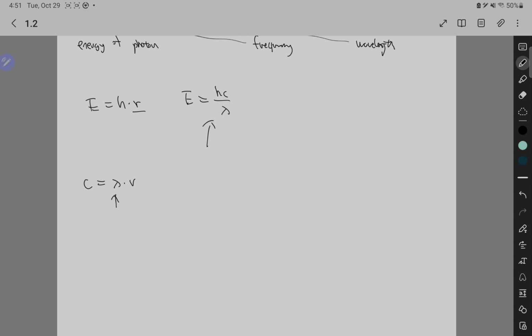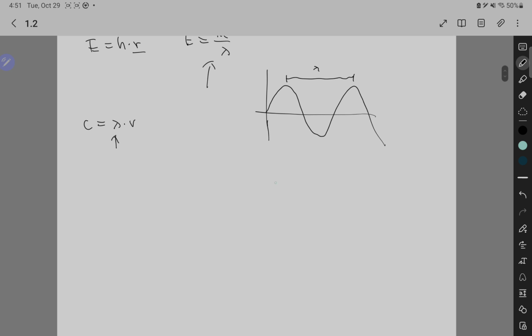So what does that look like graphically? I can draw a diagram here that shows what's happening. If I draw a wave like this, the wavelength is the distance between one peak and another peak. We call this lambda. Let's compare this to another wave, which I'm going to draw like this.